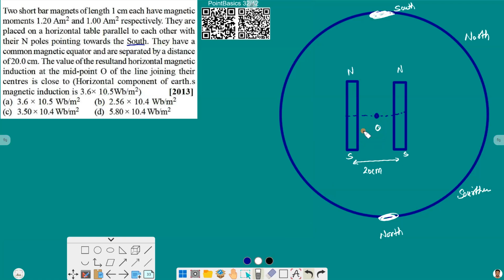At this point O, there will be three contributions. Suppose this is magnet A, this is magnet B, and we have Earth's magnetic field also. In this case, when north poles are pointing towards the south pole of the Earth, not the southern hemisphere, the magnetic field due to magnet A, as this point O is on an equatorial line of magnet A, will be downward.